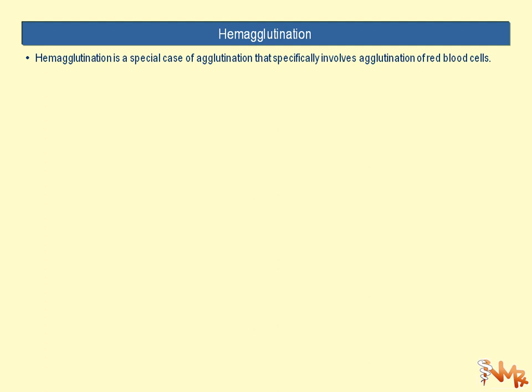It's about the best time for me to orient you also about another concept which is relevant, and that's hemagglutination. Hemagglutination is a special case of agglutination that specifically involves agglutination of red blood cells.